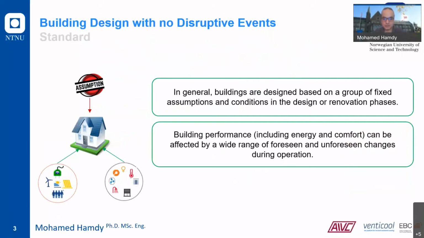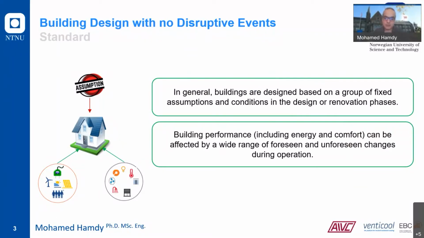Before I introduce this novel indicator, I would like to give a background about a standard way to design our buildings. If we're going to make a design for buildings, we make a lot of assumptions regarding weather, heating system, and how the building can be used in order to assess the thermal performance and energy performance of the building.